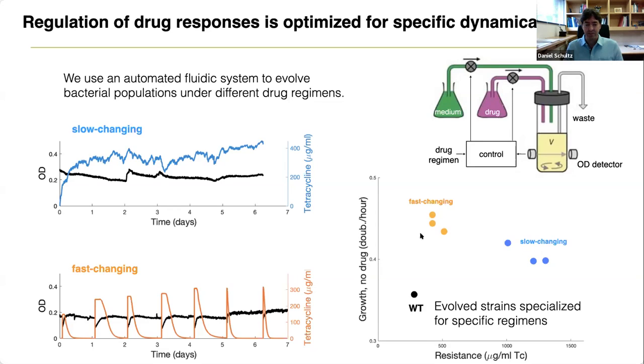While the cells that evolve in this fast-changing environment don't get as resistant as the slow-changing population, but they grow very well when there's no drug. So they learn how to switch this resistance on and off. We're currently sequencing these populations to see how this plays out.